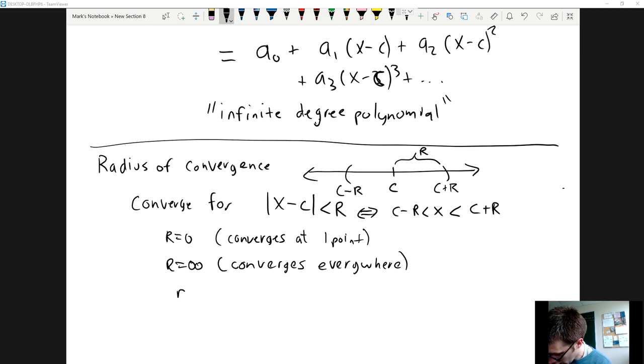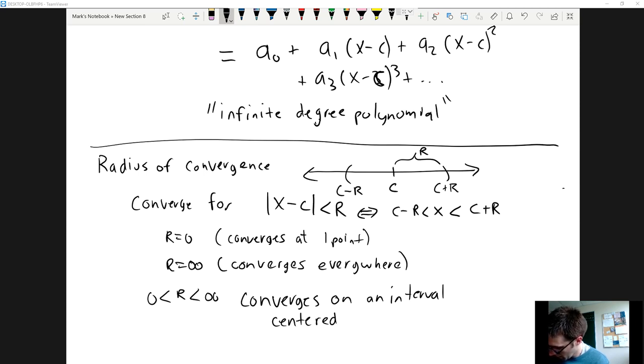Or you can have a finite value of r, and that means it's going to converge on some interval centered at c with radius r. Again, we're calling it radius because you can go r units in either direction. So you could think of that as a one-dimensional circle centered at c. So that's the radius of convergence.